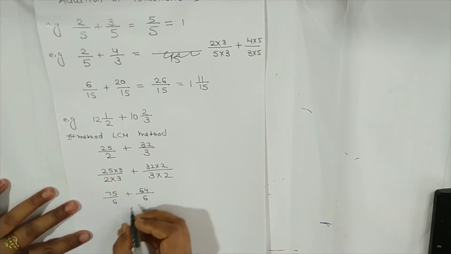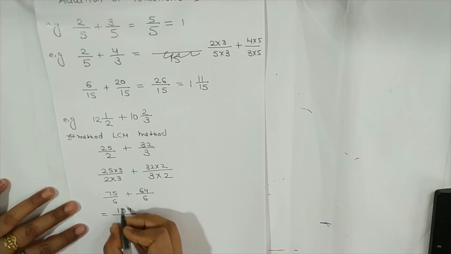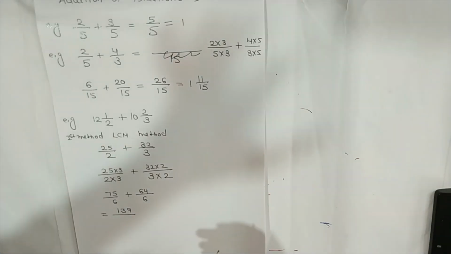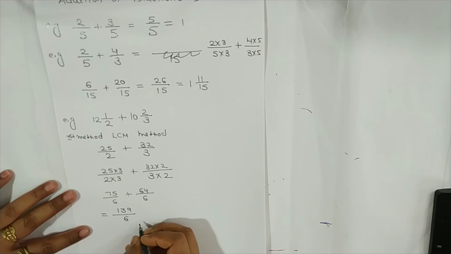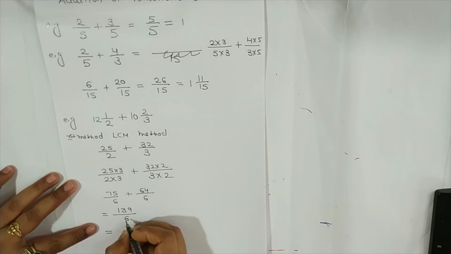Now we have to add, so it will be 139 upon 6. Now it can be reduced by 3?